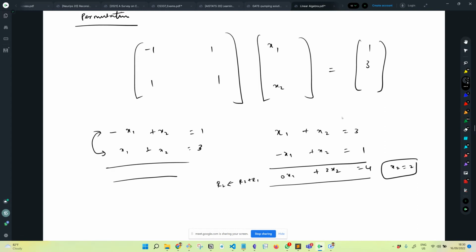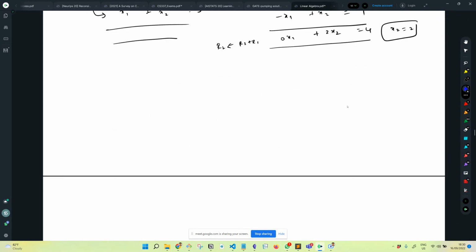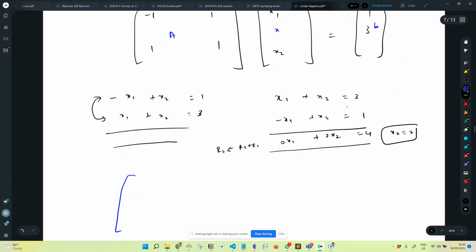Here I would like to stress one point. Let's assume this to be the original system, Ax equals B. Now if you swap rows 1 and 2 in this system, then you should not swap x. After swapping, your matrix will be [1 1; -1 1].